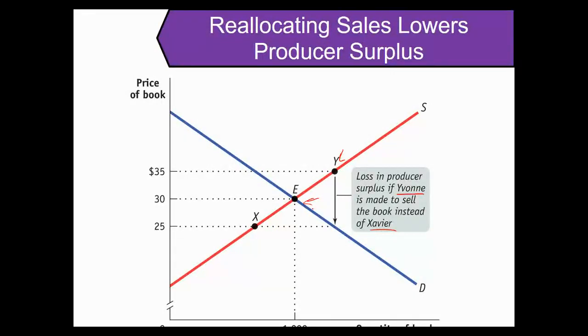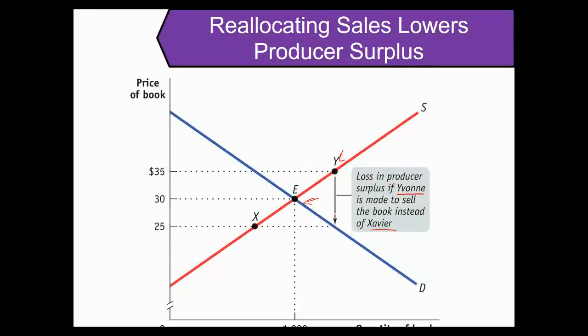If Xavier sells a book, but Yvonne doesn't, we could see it's helping Xavier because he's going to have $5 of producer surplus, an additional $5. But if we rearrange the sales by preventing Xavier from selling his book and compelling Yvonne to sell hers, producer surplus will also then decline by $10.